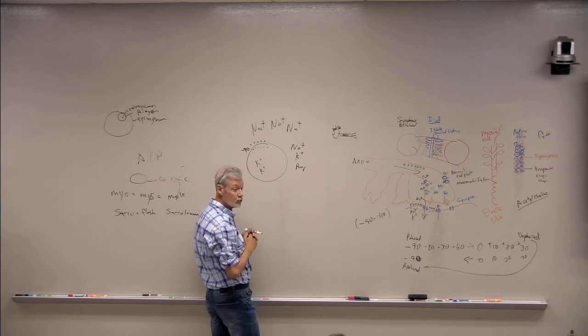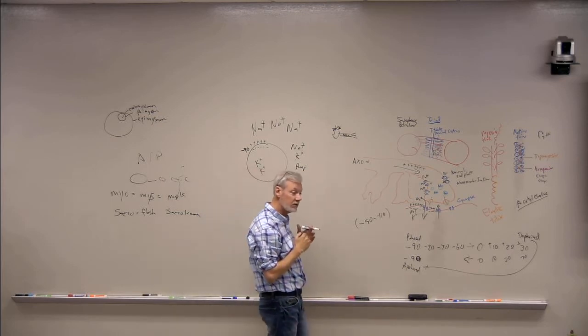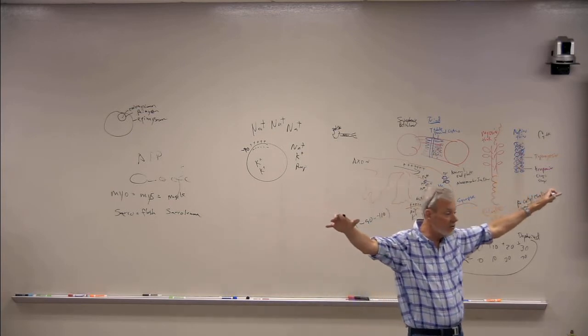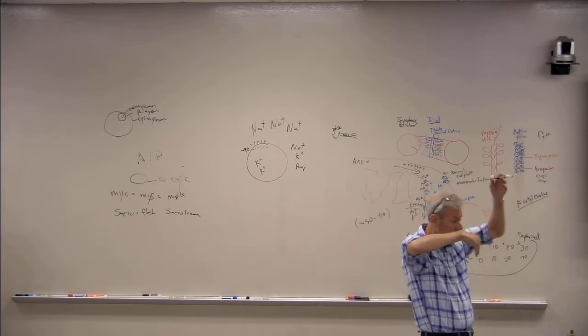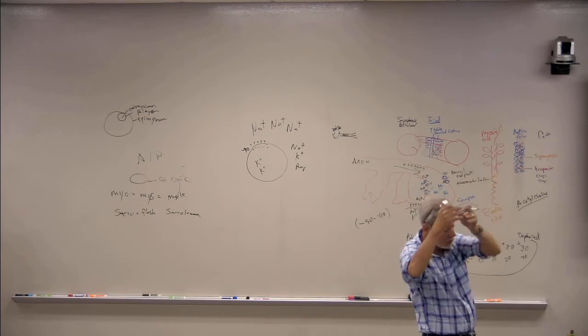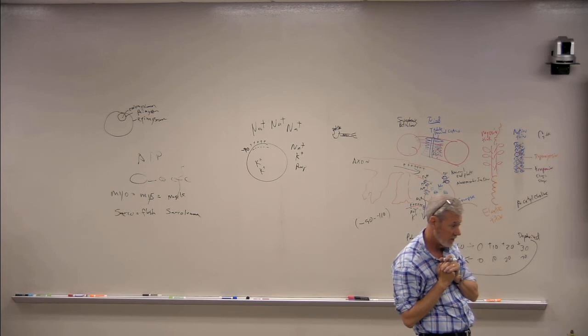That is its resting state. But then when that shot of electricity comes down the nerve, it goes from being polarized to being depolarized to being repolarized.